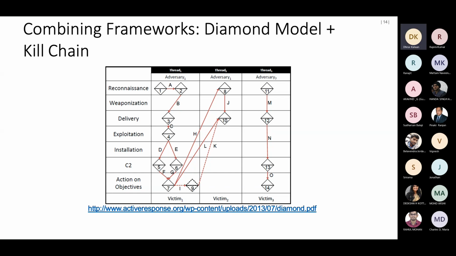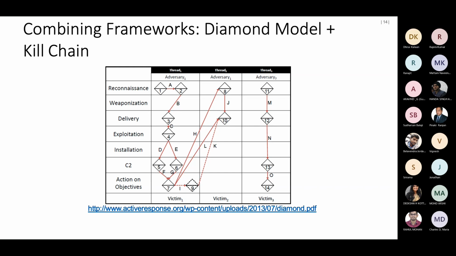The ones on the left, where you see recon, weaponization, delivery, exploitation, installation, C2, and action on objectives, are the phases of the Lockheed Martin kill chain. And every diamond that you see is the Diamond model being used to classify the information in the four aspects of infrastructure, adversary, capabilities, and victim.